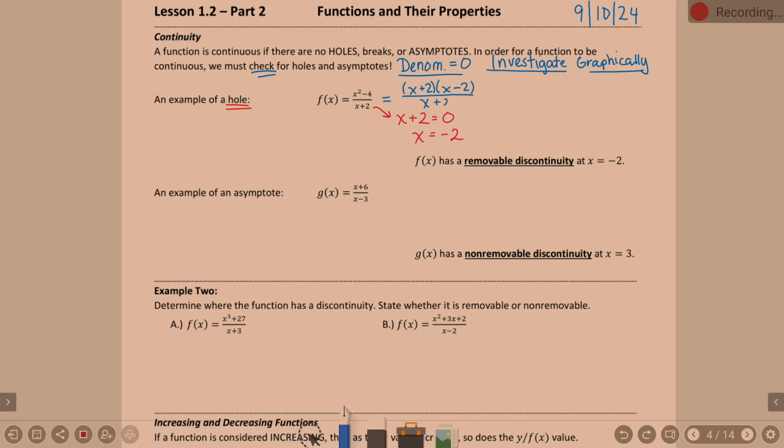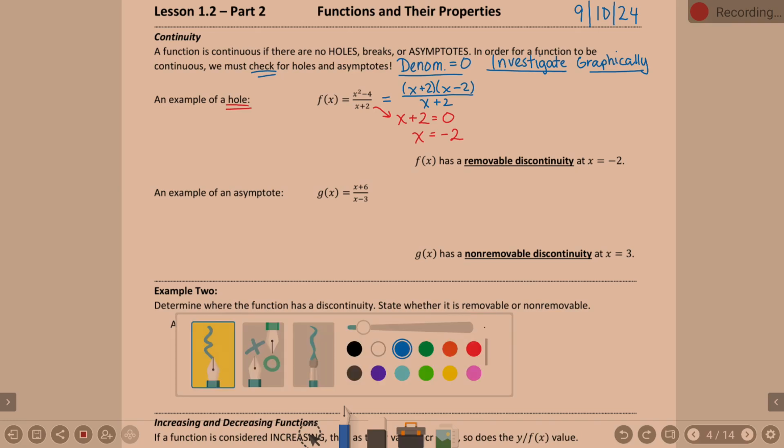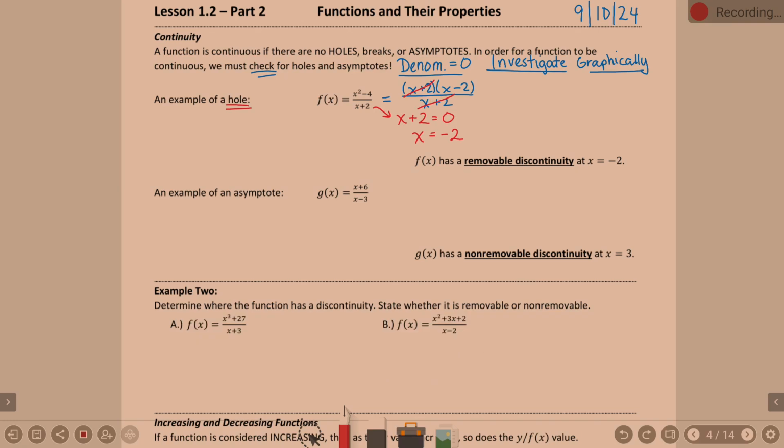My denominator is x plus 2. What do you notice about the numerator and the denominator? They both have a factor of x plus 2 that can cancel. So because my denominator is able to cancel, I know that there is a hole at x equals negative 2.